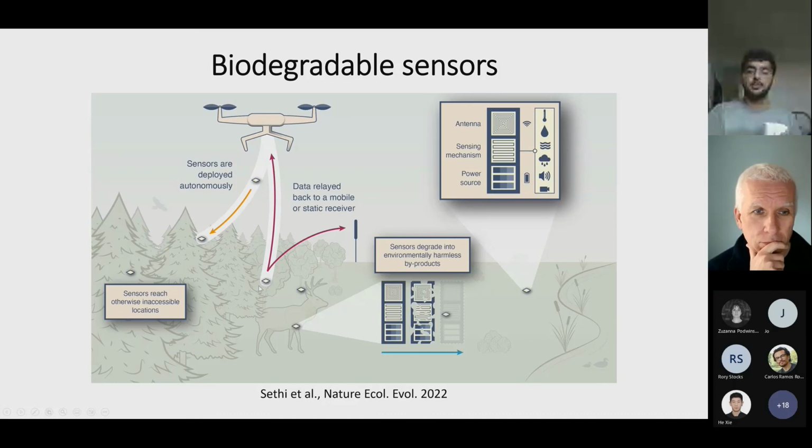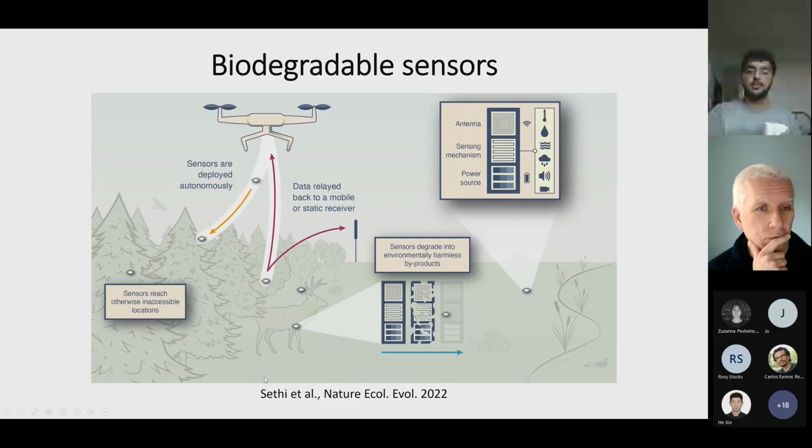We can reach inaccessible regions which we can't currently go to, and achieve spatial resolutions of monitoring that we can't achieve right now, because there is still labor associated with putting out recorders, picking them up and maintaining them. It's a vision for a fully autonomous, really scalable ecological monitoring regime.